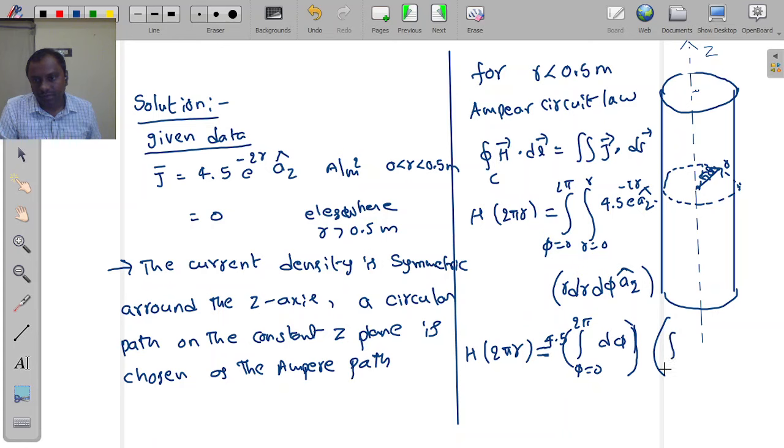The remaining thing is r from 0 to r, r into e power minus 2r dr.